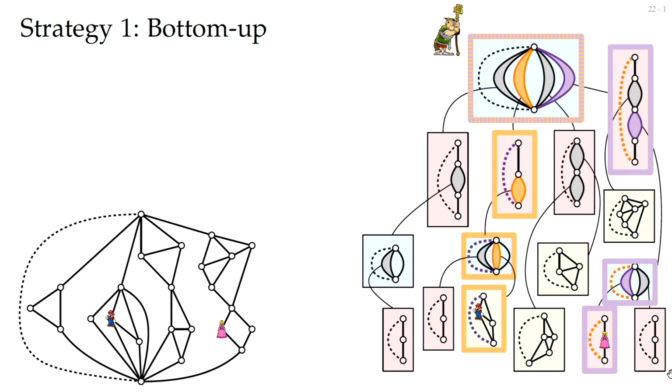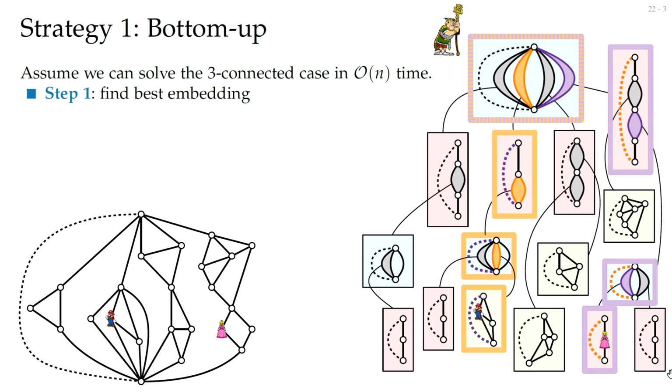So let's have a look at the first strategy, bottom up. We start here in the node of Mario, and we want to walk upwards along the SPQR tree until we reach the lowest common ancestor. We know that we can solve the 3 connected case in linear time. So the first step we want to do is we want to find the best possible embedding for our graph.